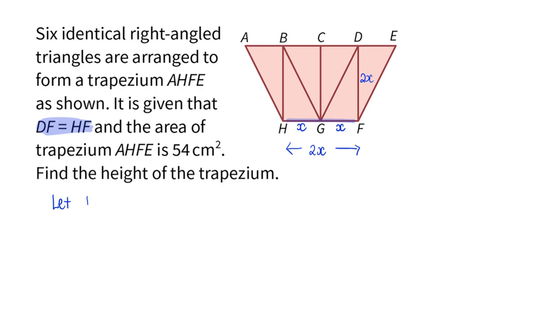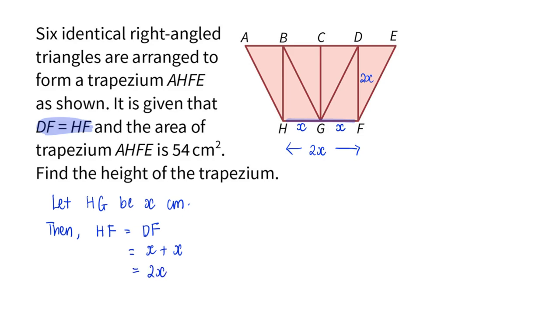So let HG be X cm. Then we would have the following. HF will be equal to DF, which will be equal to X plus X, 2X.